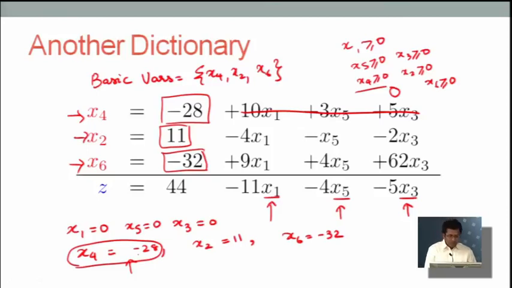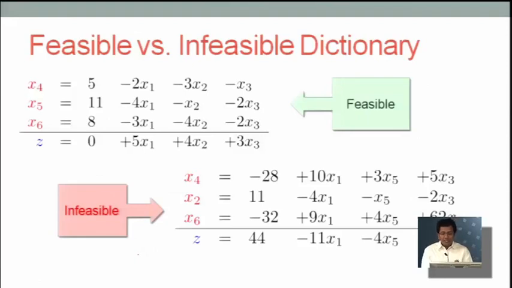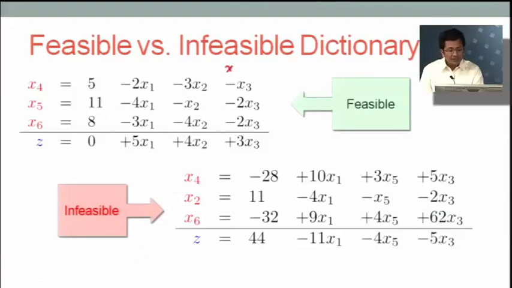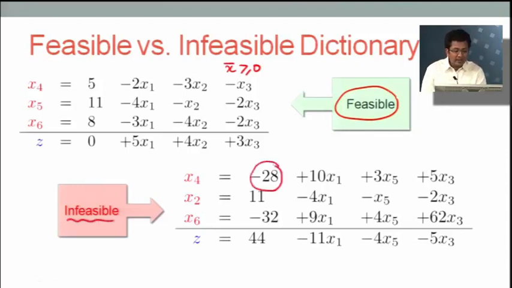Okay? So therefore, we call dictionaries which respect the feasibility constraints x greater than or equal to 0 feasible dictionaries. Okay? And dictionaries which do not respect these constraints, like if they have a negative entry here, we call them infeasible. Okay? And by the way, in this dictionary, the objective function z has value 44, but the dictionary is infeasible.